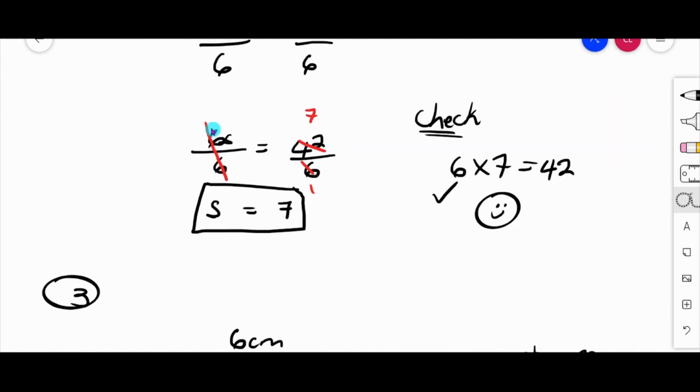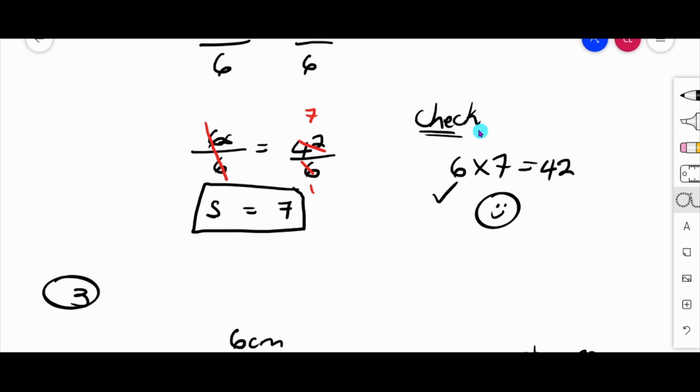Therefore, 6 will cancel 6 on the left hand side, leaving me with the S I want to find, which is one side. And then 42 divided by 6, 6 into 42 goes 7 times. Therefore, one side is equal to 7.